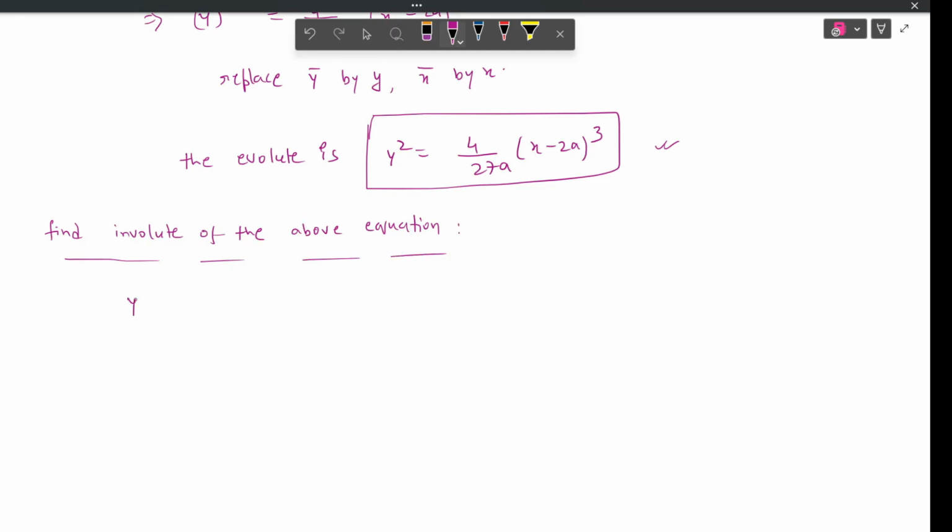So you got y square is 4 by 27a x minus 2a whole cube. Okay. And we replaced y bar by y and x bar by x. So you have to do the same thing, that is, replace y by y bar and x by x bar.